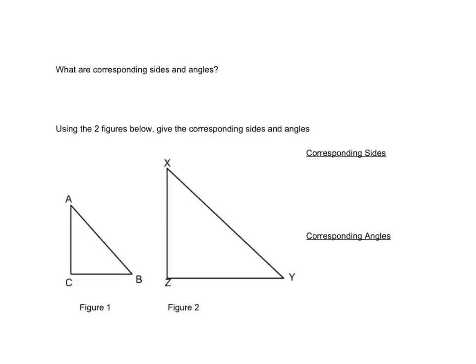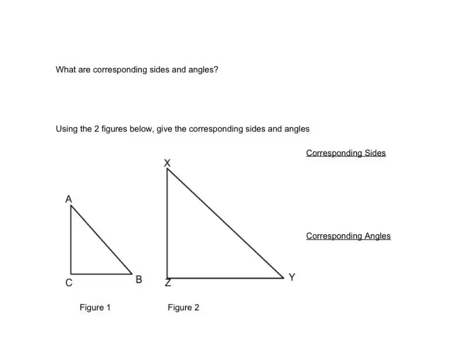In every pair of similar figures or shapes that we are talking about, each side of, say, figure 1 is going to match up to a side on figure 2. And every side that a figure has is going to have a side to match up with on an alternate figure. And the same goes for angles.